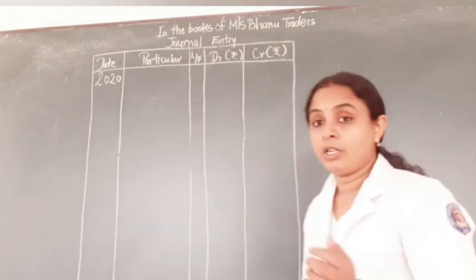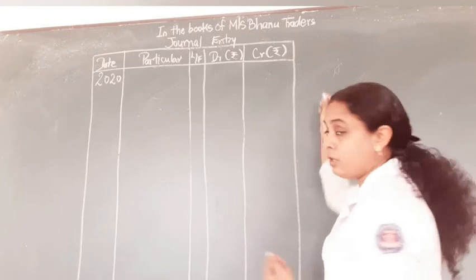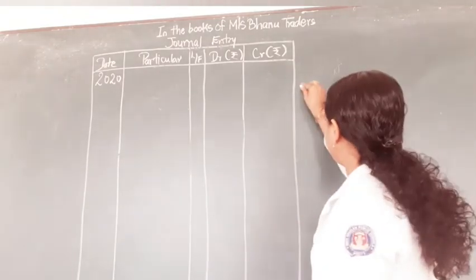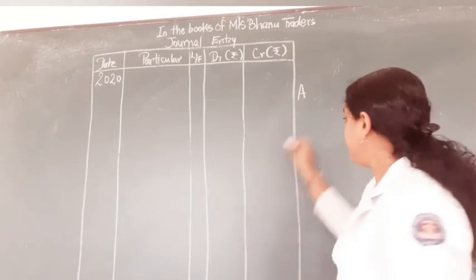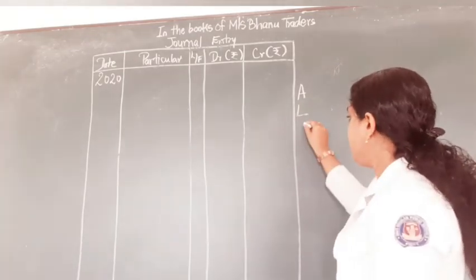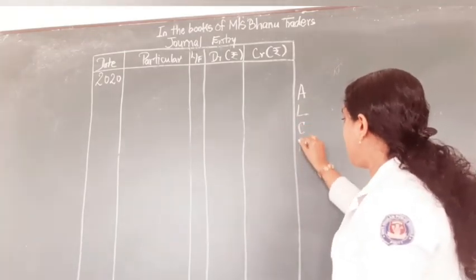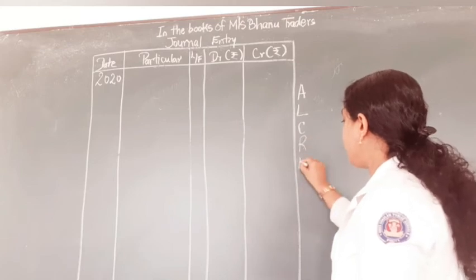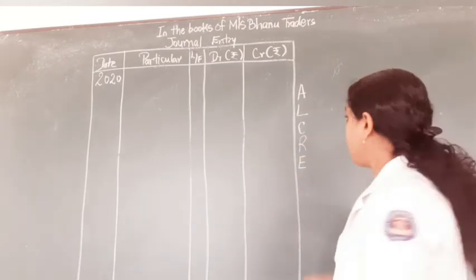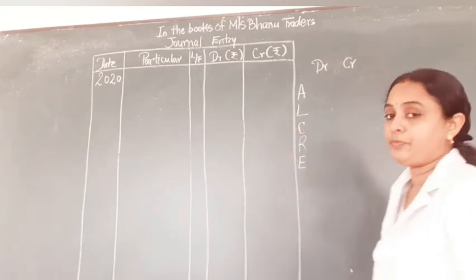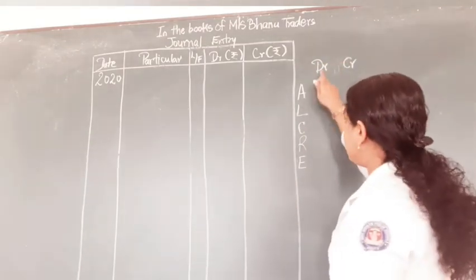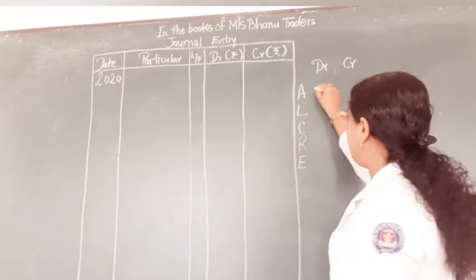So let me give you an idea about that rule of debit and credit. You know that A I will represent as asset, L as liability, C as capital, R as revenue, and E as expenses. Here I will write debit side and here I will write credit side. Now debit side, asset increases, you have to debit it.